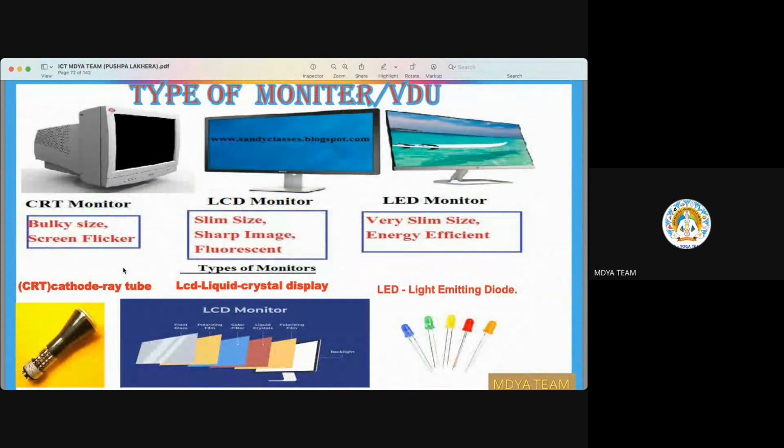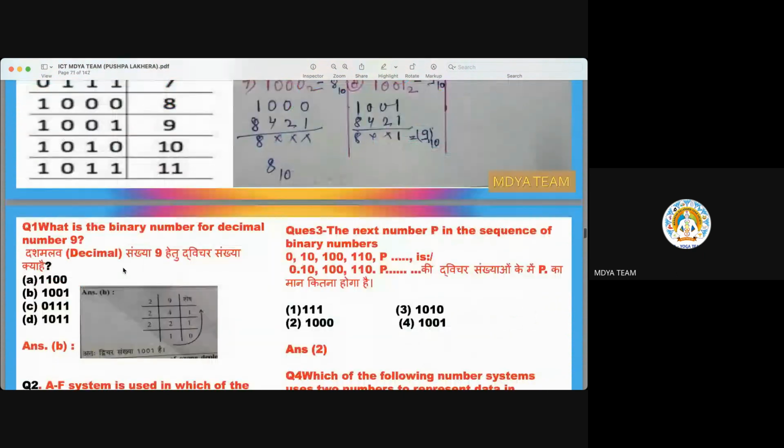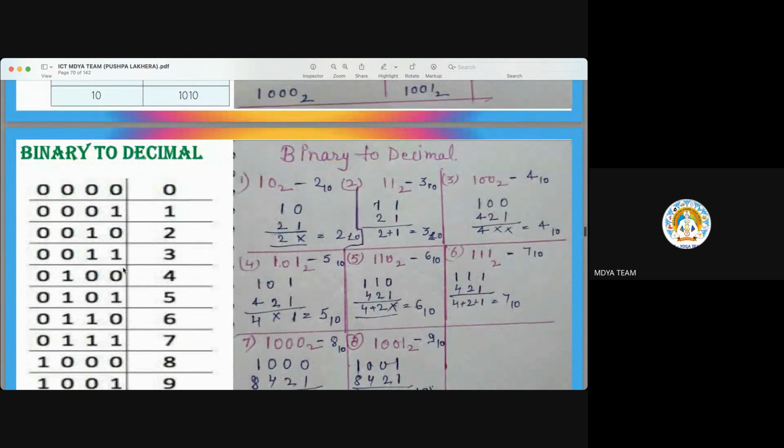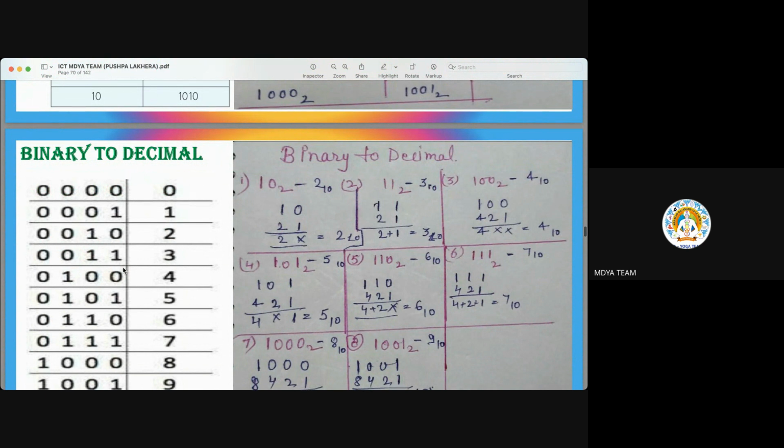Now the next topic is types of monitors. So here in number systems, you asked earlier how to convert an octal number or decimal number to binary, and how to convert the octal number to a decimal number. The process is the same.